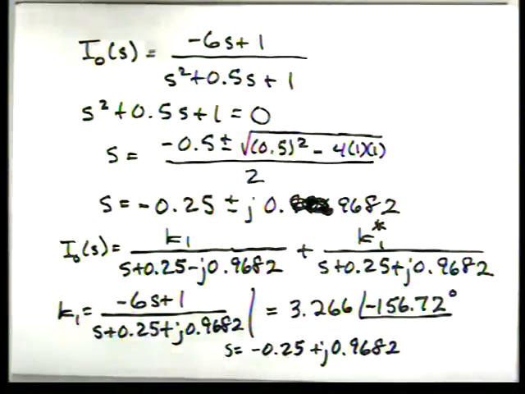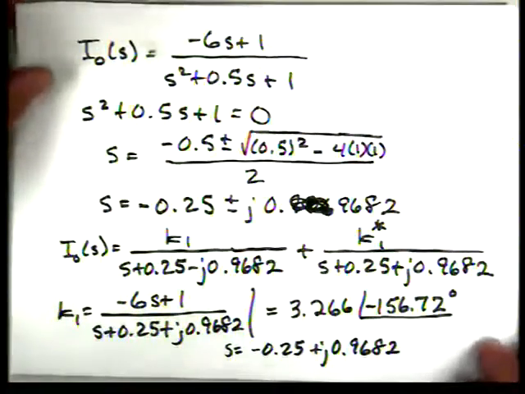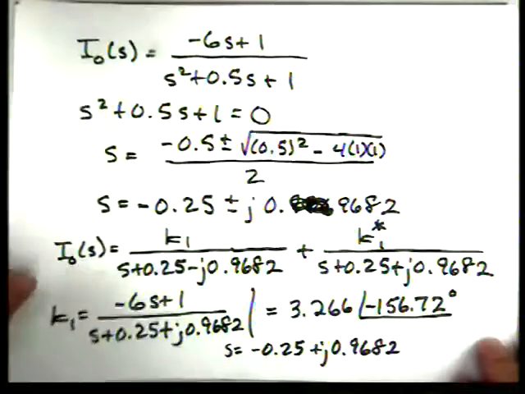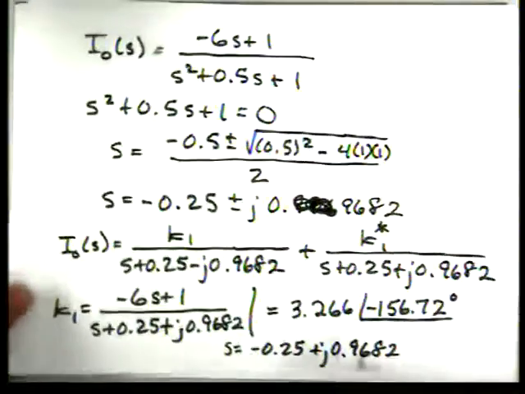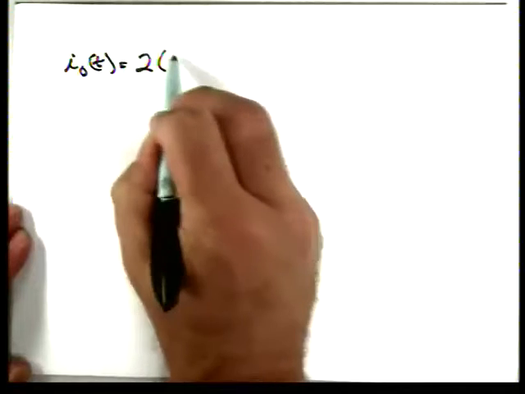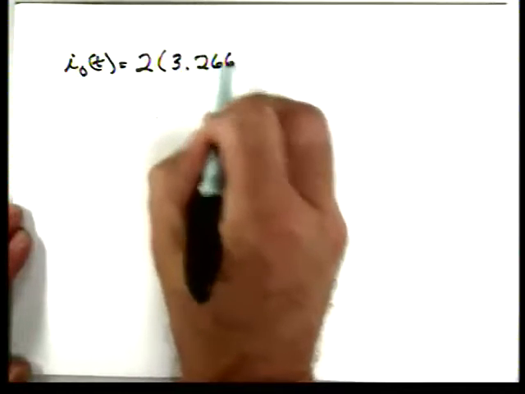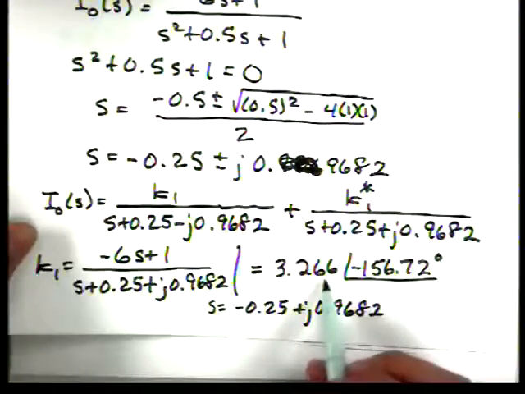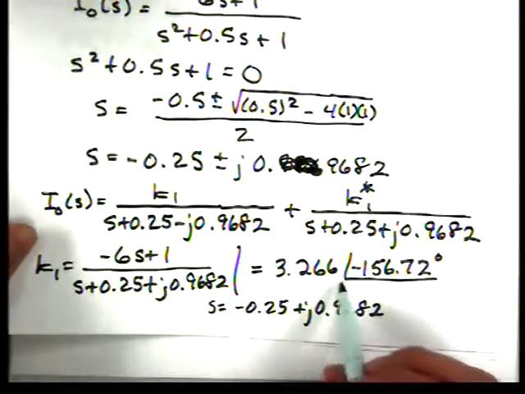Okay, and if we go back and look at the chapter on Laplace transforms, we can see that when we have complex conjugate roots, then I0 of t is 2 times 3.266. Well, there's the 3.266 that we got when we did the partial fraction expansion.